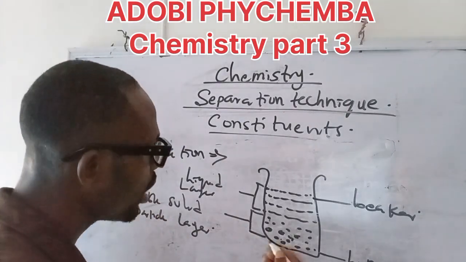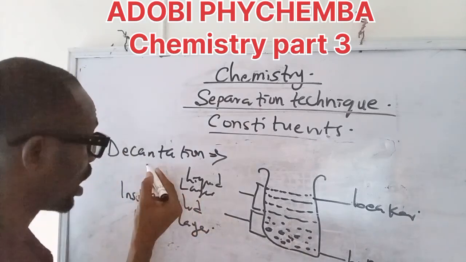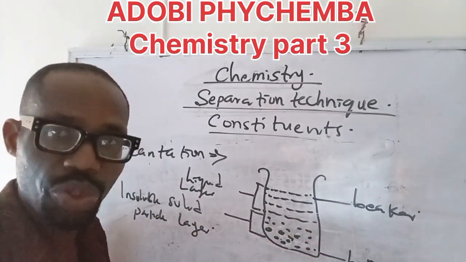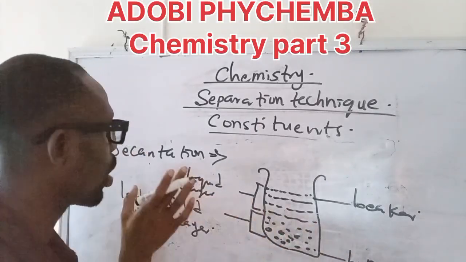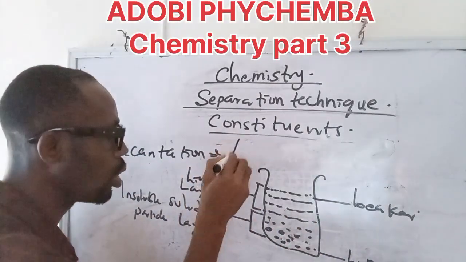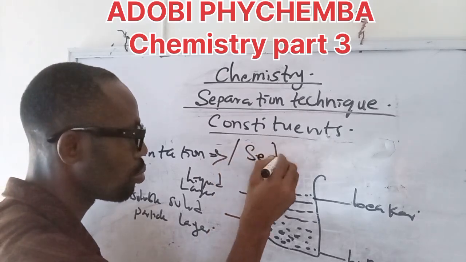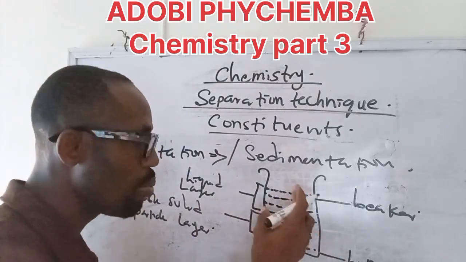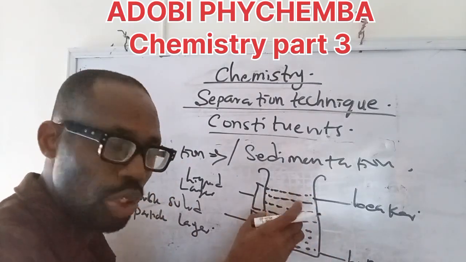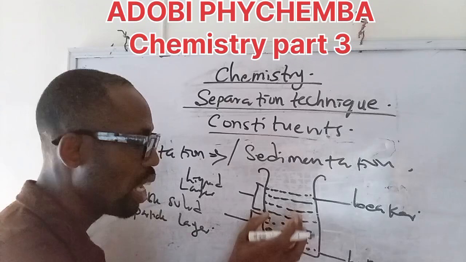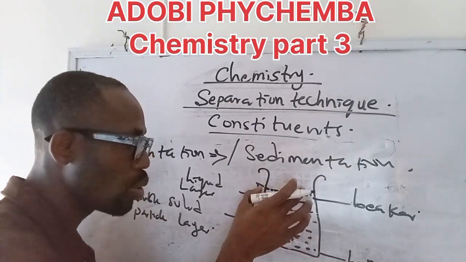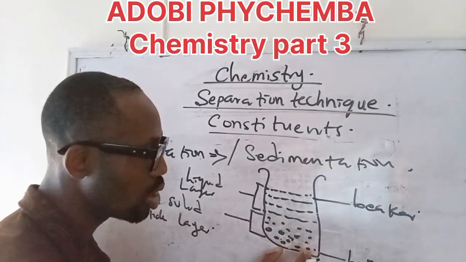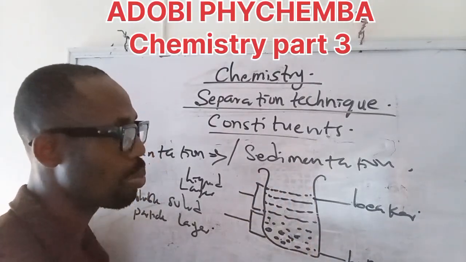Another word for decantation is sedimentation. So if I tell you to sediment this mixture, I'm actually telling you to carry out decantation. When you say something has sedimented, it means the particles in that solution have gathered at the bottom, creating a liquid layer and a solid layer, because the solid part is denser, so it sits at the bottom of the beaker.